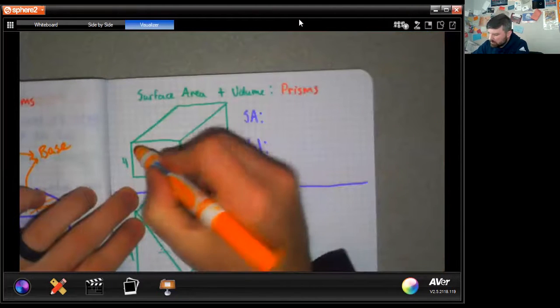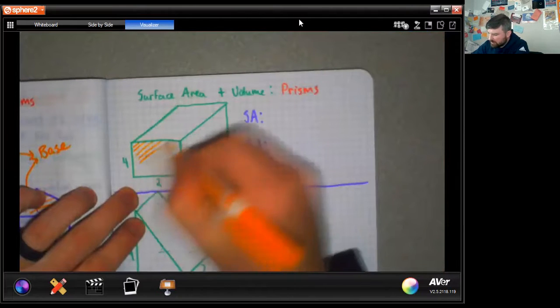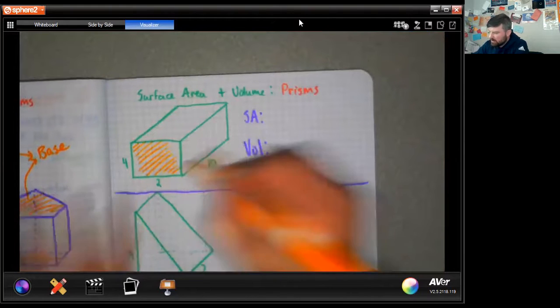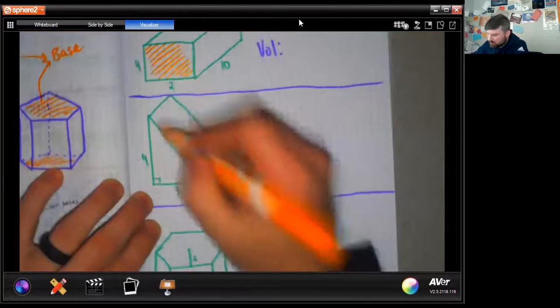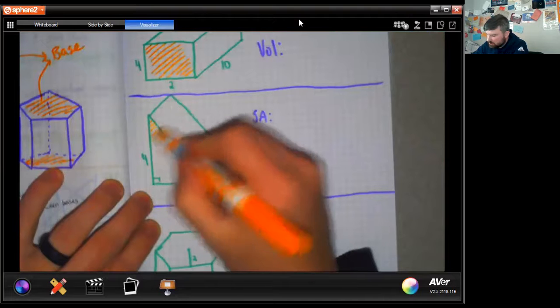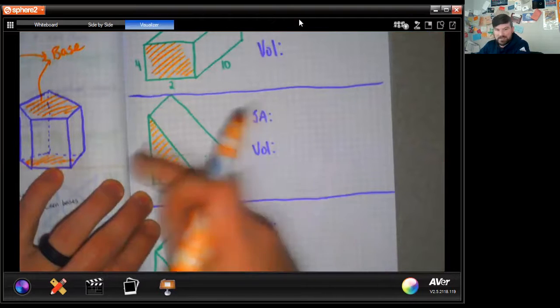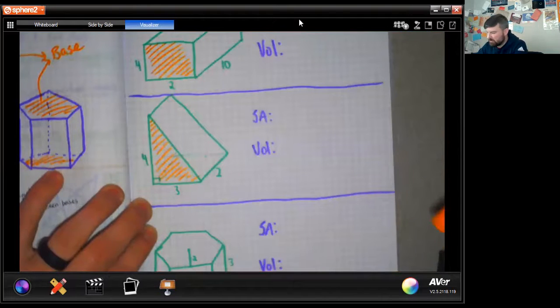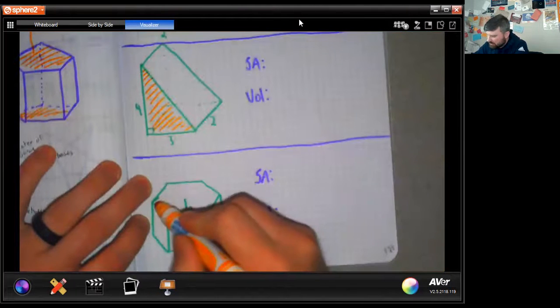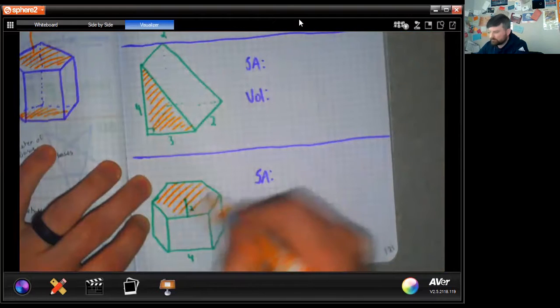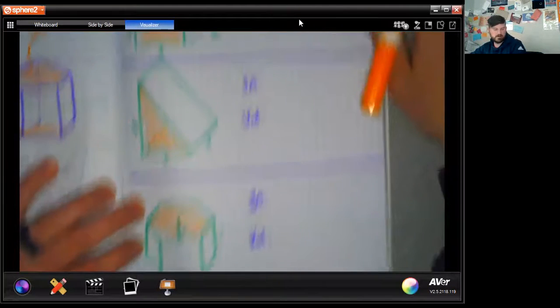But in this one, we're going to choose this front side as the base. Here, for this one, we're going to choose these triangles as the base. Remember, they have to have identical sides, mirror image. And here is this hexagon for the base there.